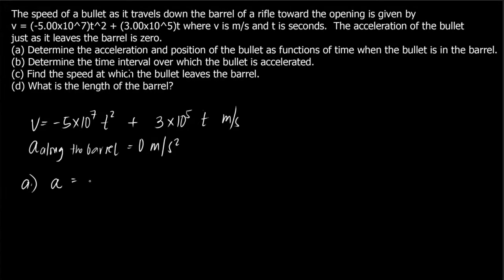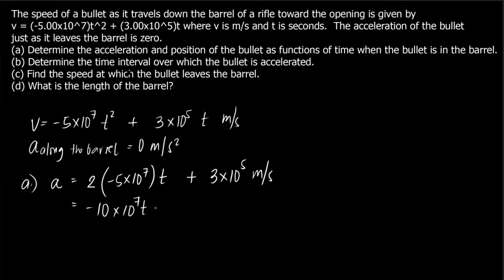So, this becomes 2 times negative 5 times 10 to the 7 t plus, t lang man siya, we don't have an exponent here. So, that's 3 times 10 to the 5th meters per second. Simplifying, this becomes negative 10 times 10 to the 7th t plus 3 times 10 to the 5th meters per second. So, this is the answer for the acceleration.